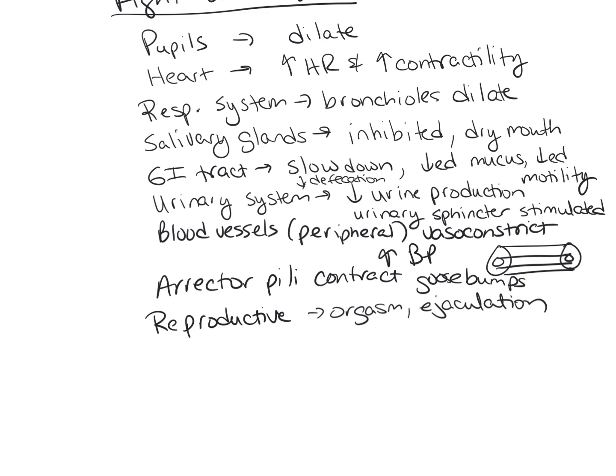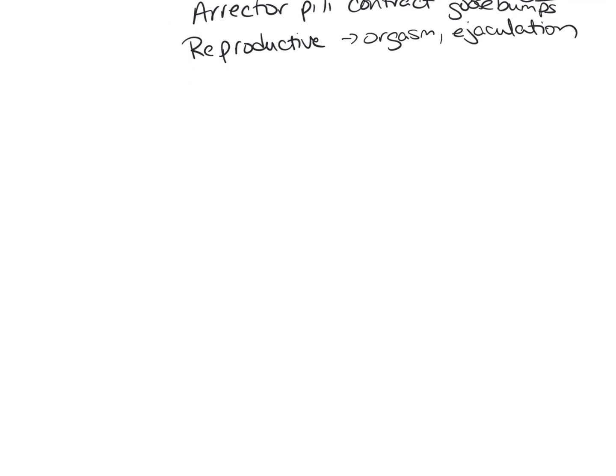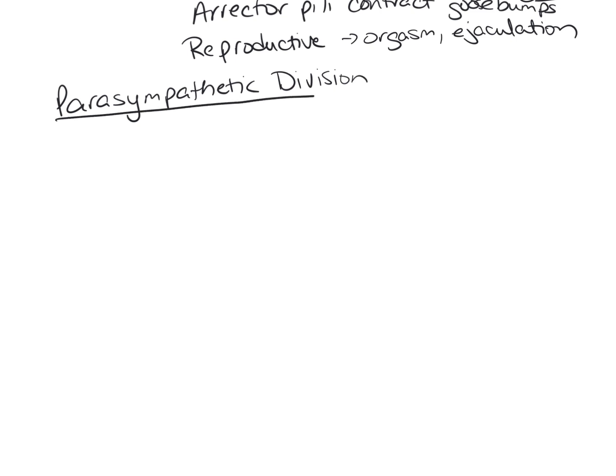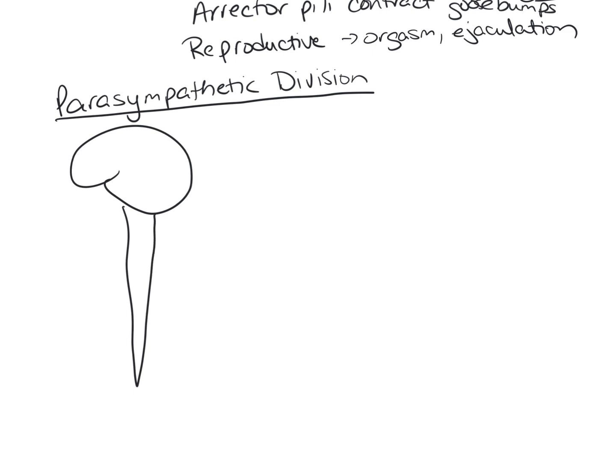Now let's look at the parasympathetic division. All right, so there's the brain, there's the spinal cord. The parasympathetic division also begins in the hypothalamus, but the lower motor neurons are going to exit from different places. So the lower motor neurons will exit from cranial nerves.